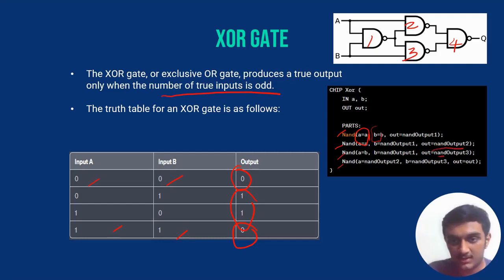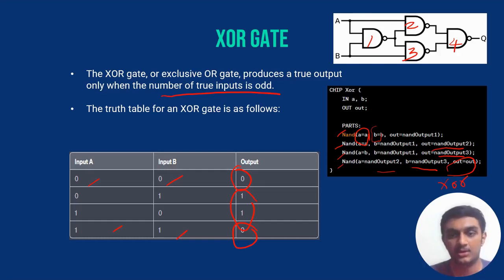The 2 and 3 outputs go as inputs to the fourth NAND gate, and finally we get the XOR output. This VHDL code we will implement using the script and VHDL command in NAND2TETRIS, which I will do after elaborating on the presentation slides, as a demonstration.